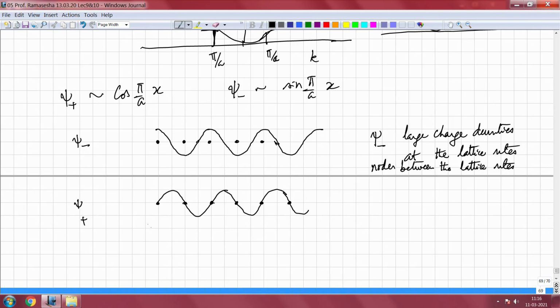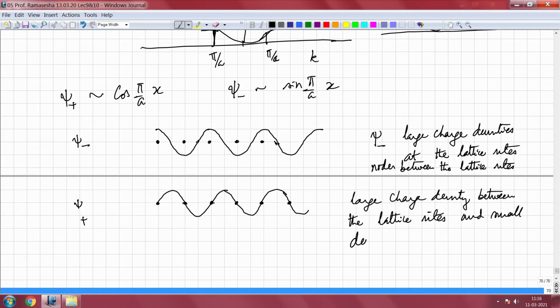In the other case, what we have is large charge density between the lattice sites and small charge density at the sites, and small densities near the lattice sites.